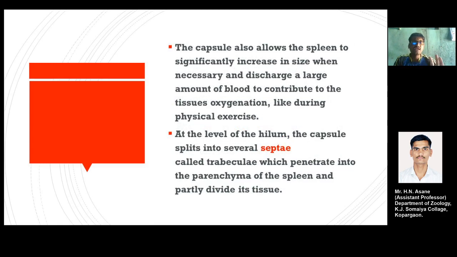As you can see, the capsule also allows the spleen to significantly increase in size when necessary.